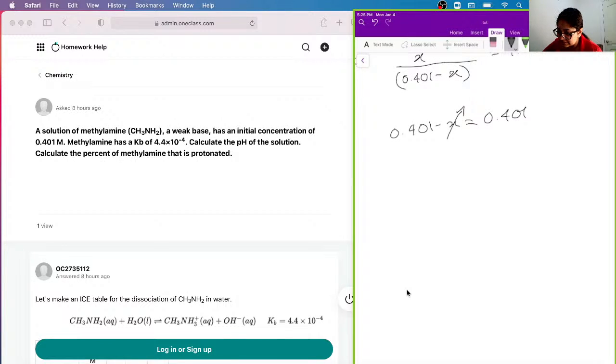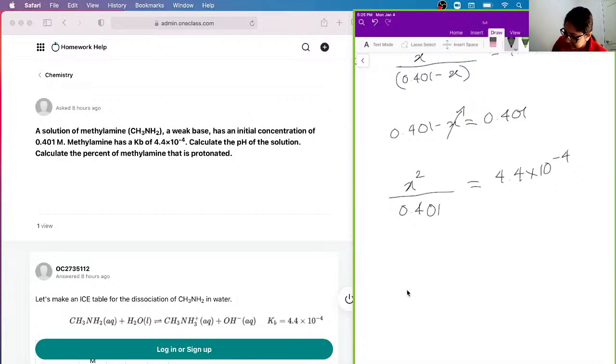And now you can say that x squared over 0.401, so you just got rid of your negative x right here, is equal to your KB constant, which is 4.4 times 10 to the power negative 4. And then just solve for x.